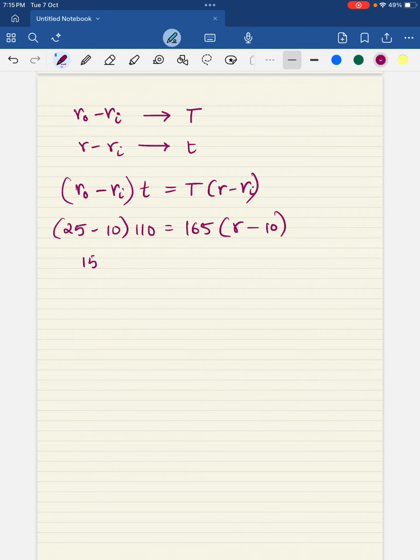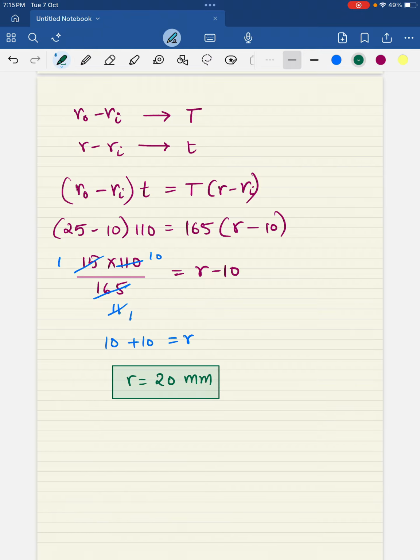So this would be 15 times 110 divided by 165 equal to R minus 10. So this will give me 15 ones are 15, 11s are, and 11 ones are 11, 10s are. So that is 10 plus 10 equal to R. So finally I am getting R is equal to 20 mm.